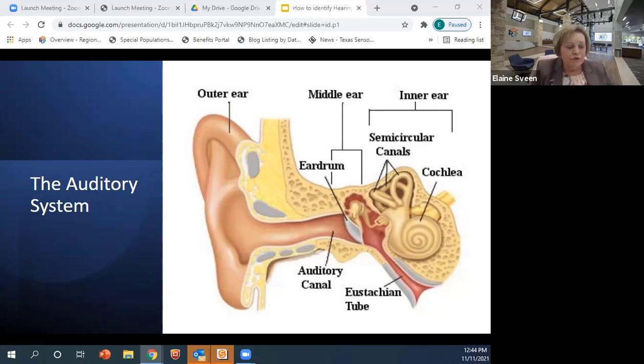Sometimes students with CHARGE syndrome or other conditions may not have an outer ear, which can cause hearing loss. Anything in the middle ear or the inner ear. You can see in the picture the cochlea, and right by that is the nerve. That nerve goes to the brain, where the brain interprets the sound.